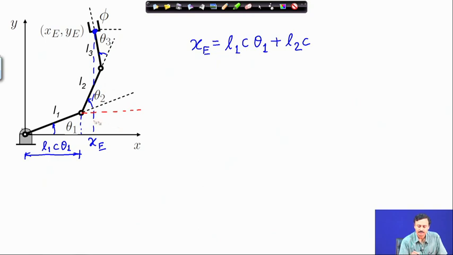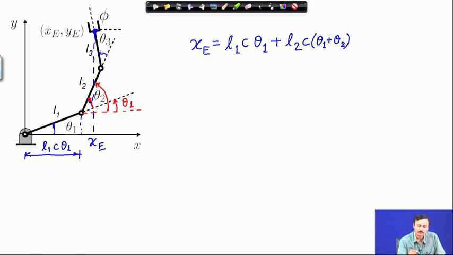If I draw a line parallel to the x axis, it is the cosine of this full angle. This is theta 1, remember, and this is theta 2. So theta 1 plus theta 2. So, L 2 cosine of theta 1 plus theta 2 gives me the projection of link length L 2 on the x axis.